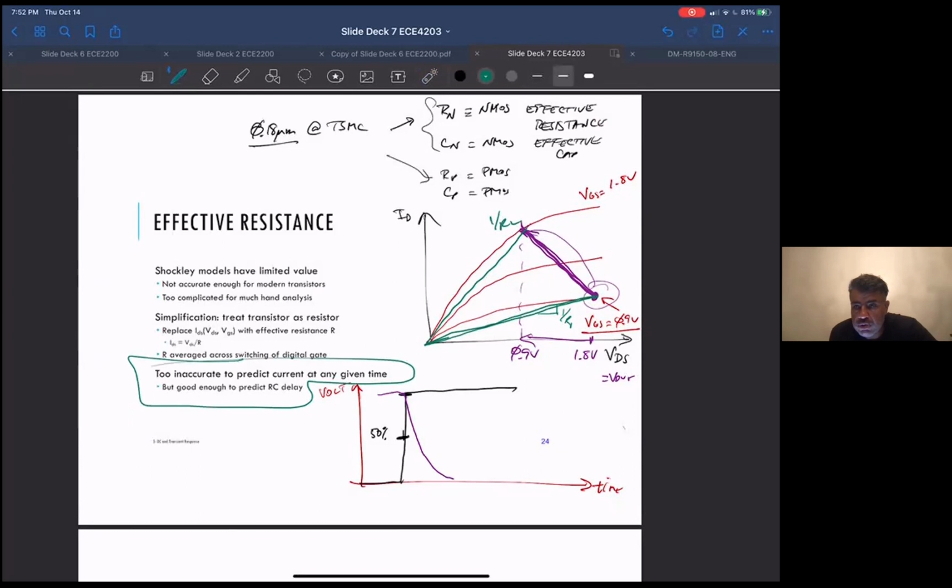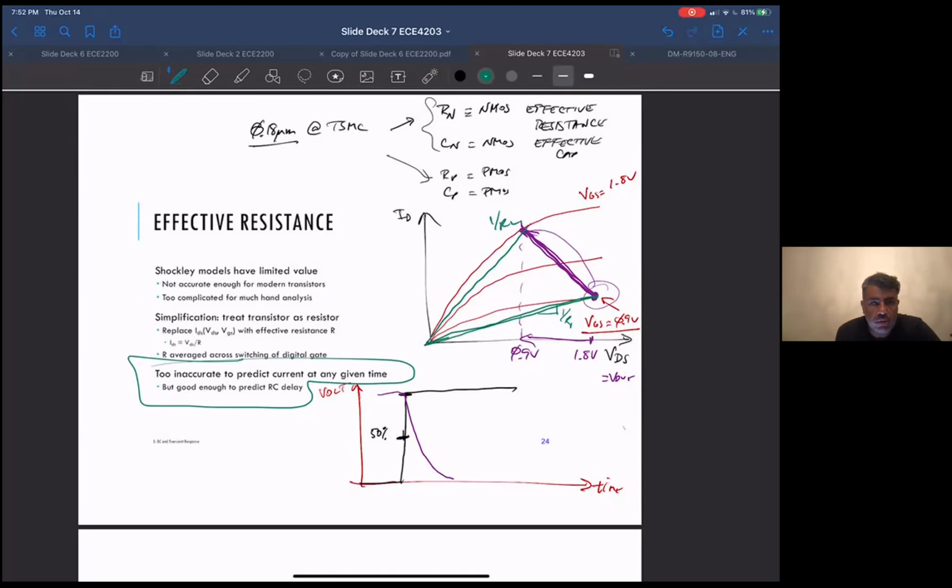The advantage is you only have to do it once per process. So let's say you're in the 0.18 micron process. All you need to do is figure out R sub n once, and you're done. You can use that for all your transistors and gates, etc.